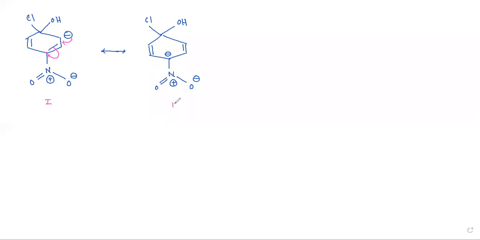First one, now the second one. Look at what happens now. The negative charge delocalizes. A double bond here, then this becomes O minus, O minus again, a positive charge, then this.